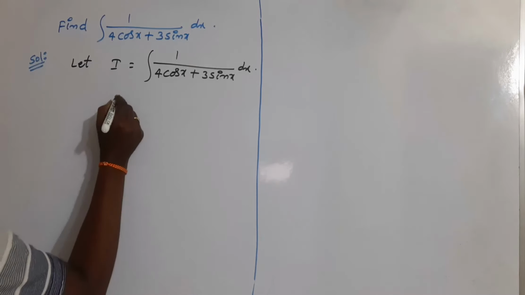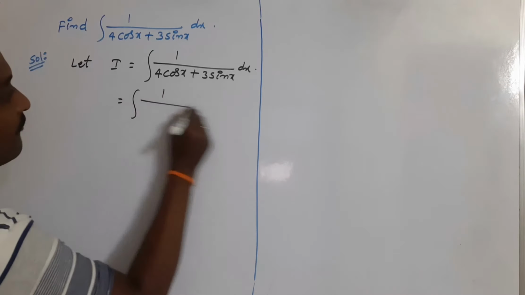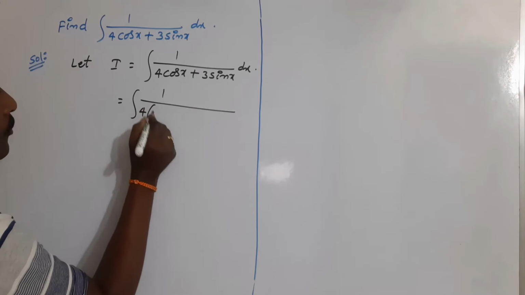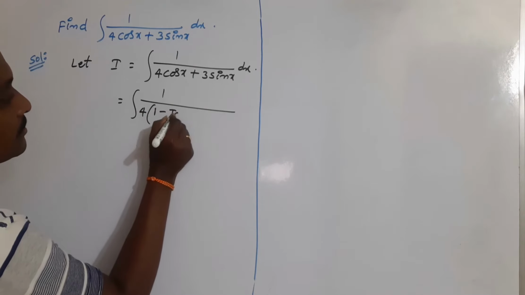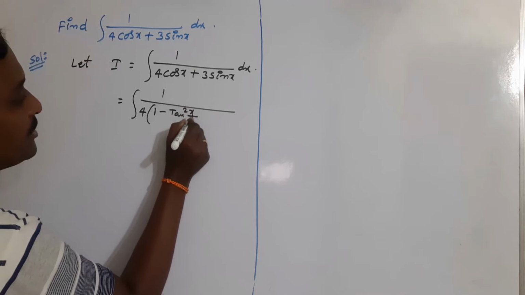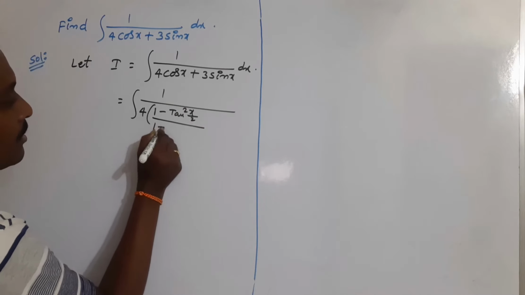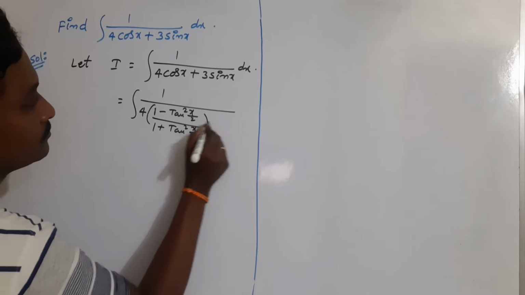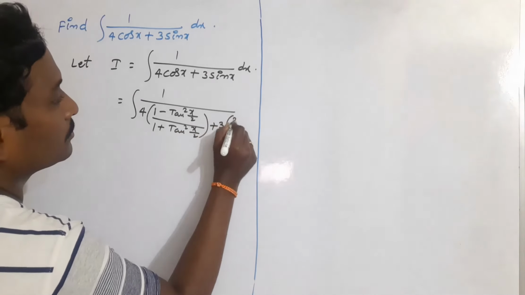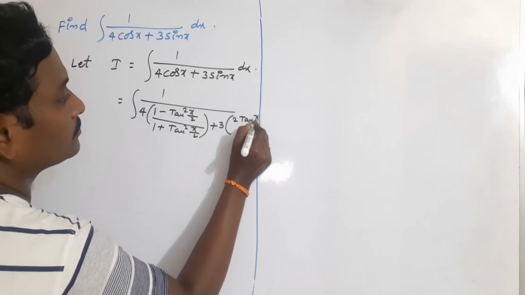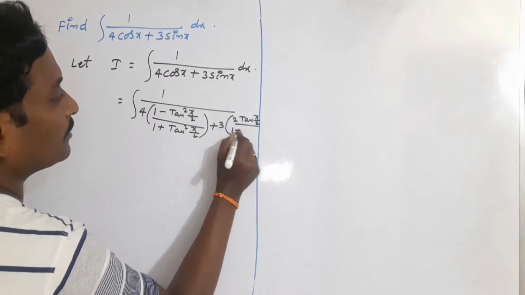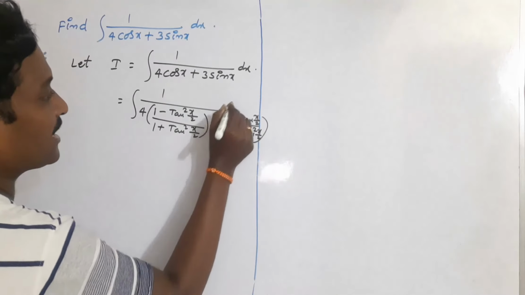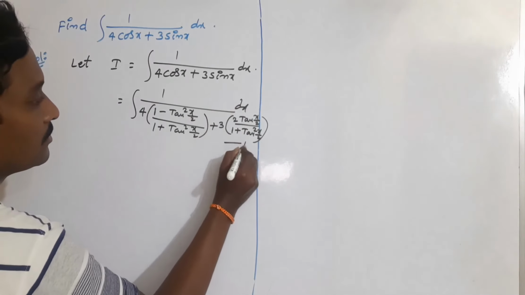Okay, so write the formula of cos and sin in terms of tan, which are 4 into (1 minus tan square x by 2 over 1 plus tan square x by 2) plus 3 into (2 tan x by 2 over 1 plus tan square x by 2), close the brackets, into dx.